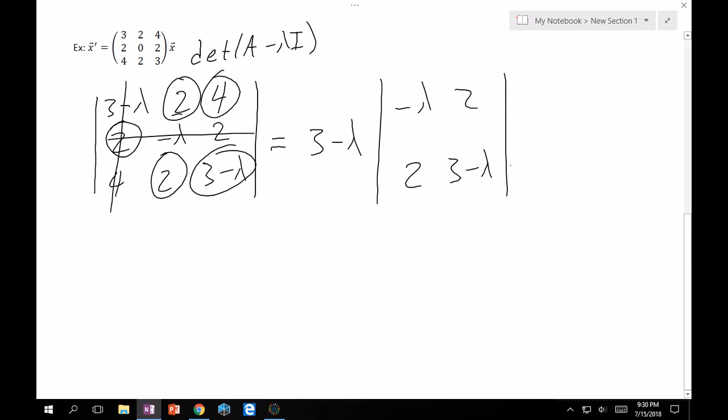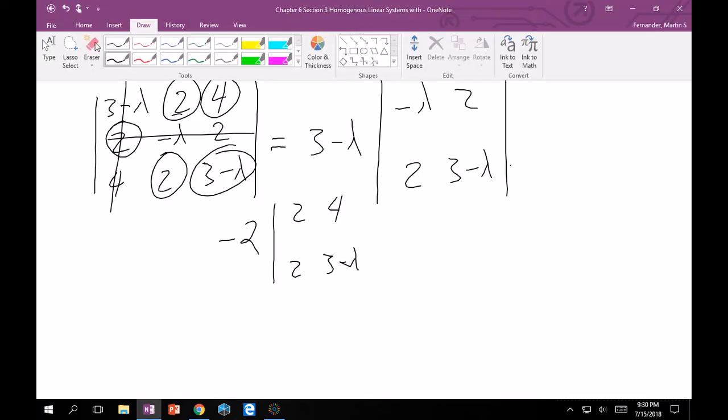And remember, as you go down the column, you have to alternate in sign, which is encapsulated by the (-1)^(n+1) formula for determinants. So this is really minus 2, and then the determinant of 2, 4, 2, 3 minus lambda. Lambdas are not good today.